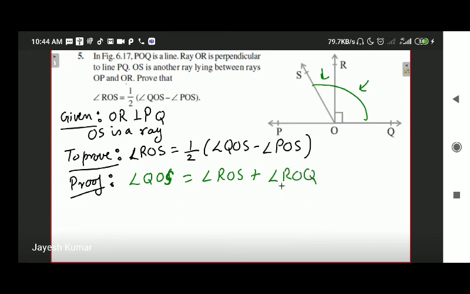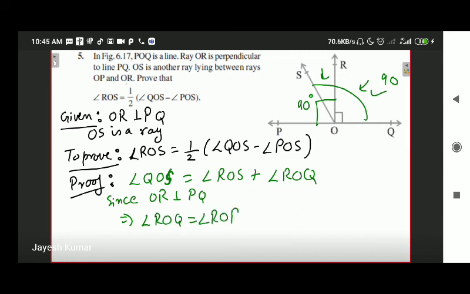Now, angle ROQ is 90 degrees like we discussed earlier, and angle ROP is also 90 degrees. Since OR is perpendicular to PQ, it implies that angle ROQ is equal to angle ROP, equal to 90 degrees. So I'm replacing angle ROQ with ROP.